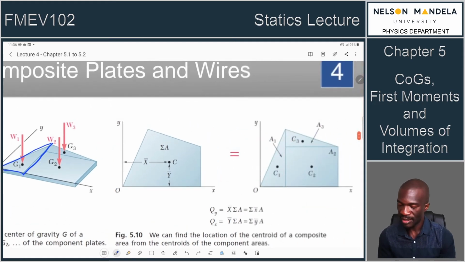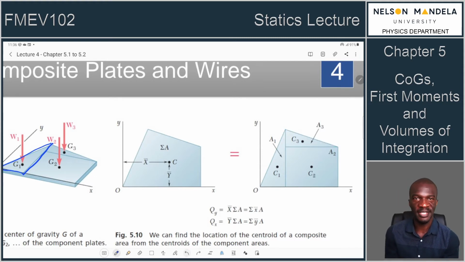So if we are using centroids by the same method, one area can be divided into regular shapes. Instead of tiny particles now, we're looking at what? Regular shapes. In engineering, there are quite a lot of objects that have regular shapes, so this is why this is important.